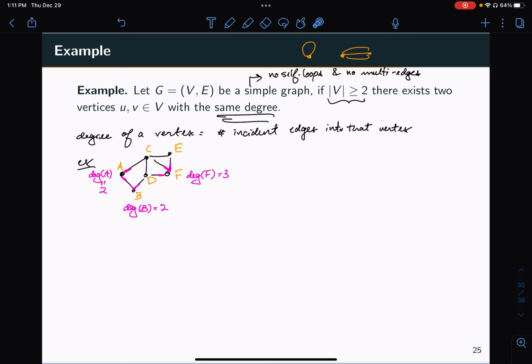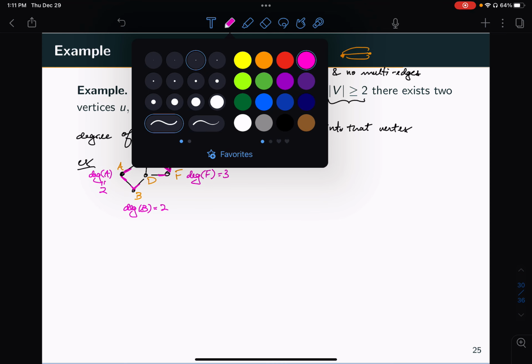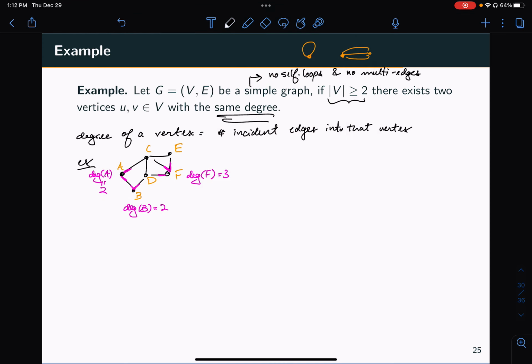Okay, and so now, like any mathematical statement, you always want to get a feel of what exactly it's saying. So what is this saying? Well, let's look at an example. We kind of already have one, so let's first look at this one.